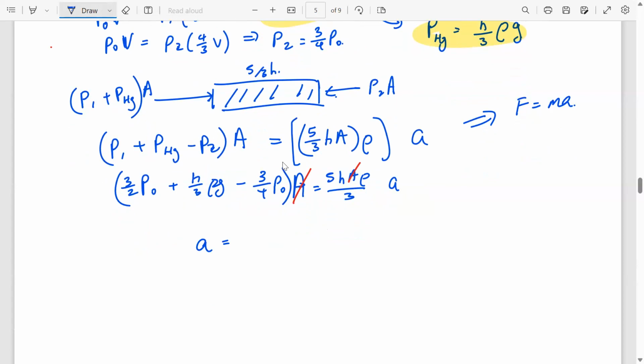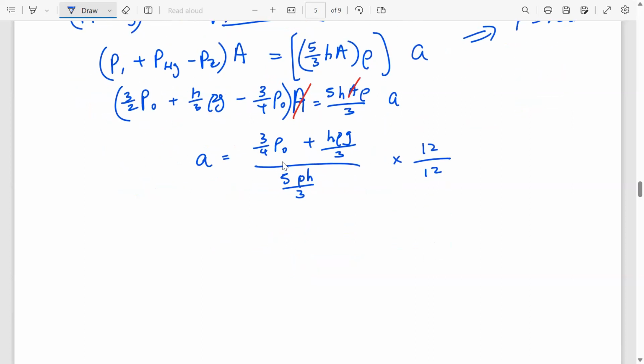You'll get 3 over 2 minus 3/4, which is 3/4 P0, plus H rho G over 3, divided by 5 rho H over 3. That's our acceleration. Now you multiply by the common denominator, 4 times 3, multiply by 12 over 12. When you do that, you get 9 P0 plus 4 H rho G over 20 rho H. That is your acceleration.